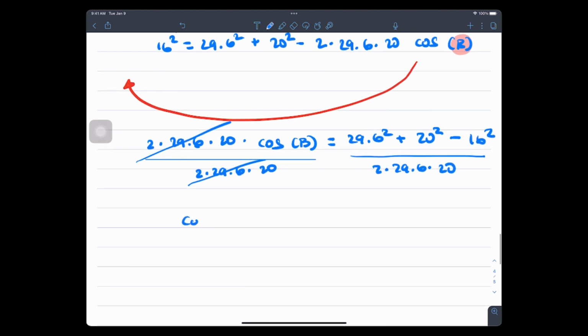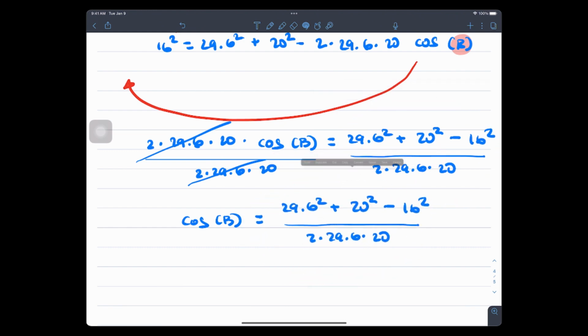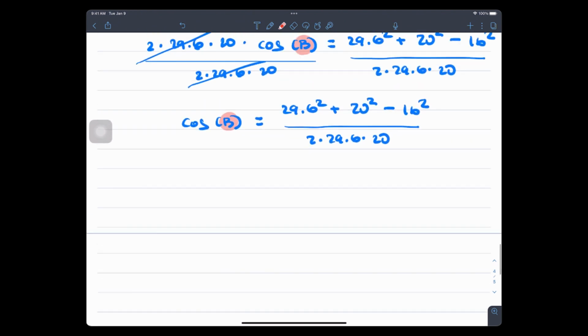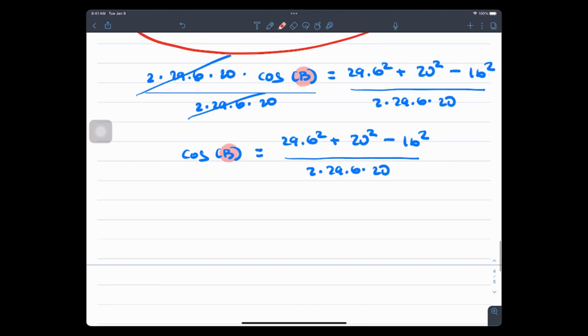So you end up with cosine B, ladies and gentlemen, equals what you see over here. So in other words, I'm using algebra. And now this comes back to another thing I'm going to say to you guys.